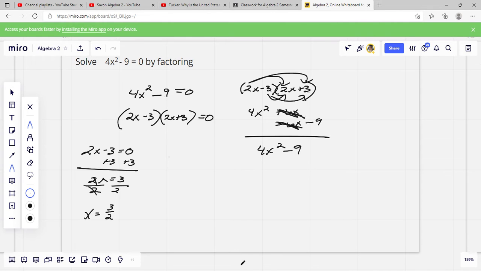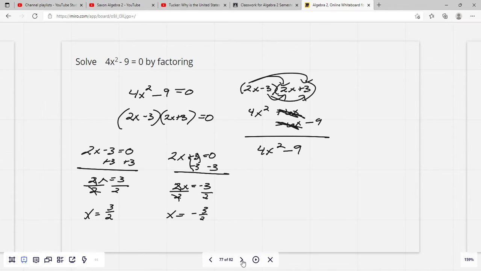I'm going to do 2x plus 3 equals 0. Now I'm going to do minus 3. Those cancel, and I'm going to get 2x equals negative 3. Divide by 2. x equals negative 3 over 2, right? So one's going to give us a positive and the other one's going to give us a negative. And that's how you factor that.